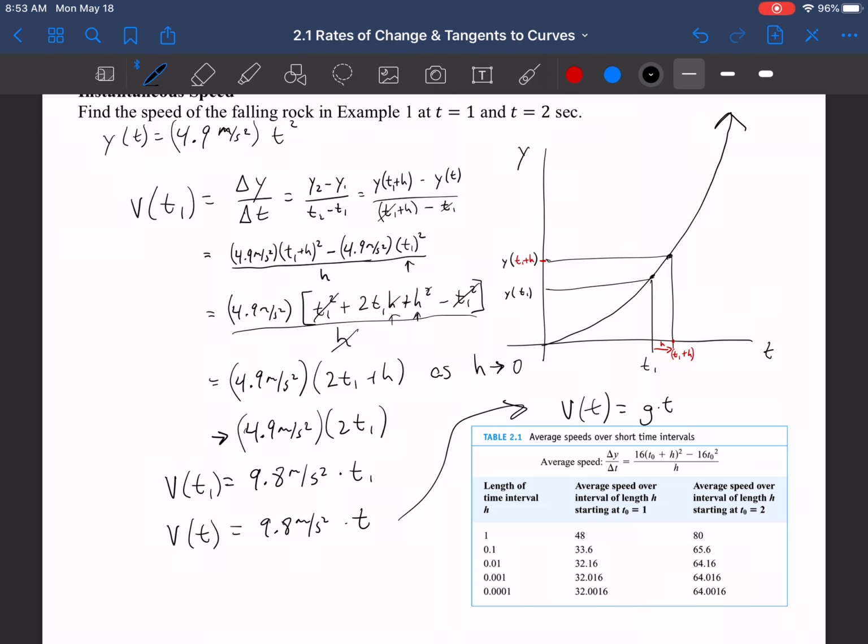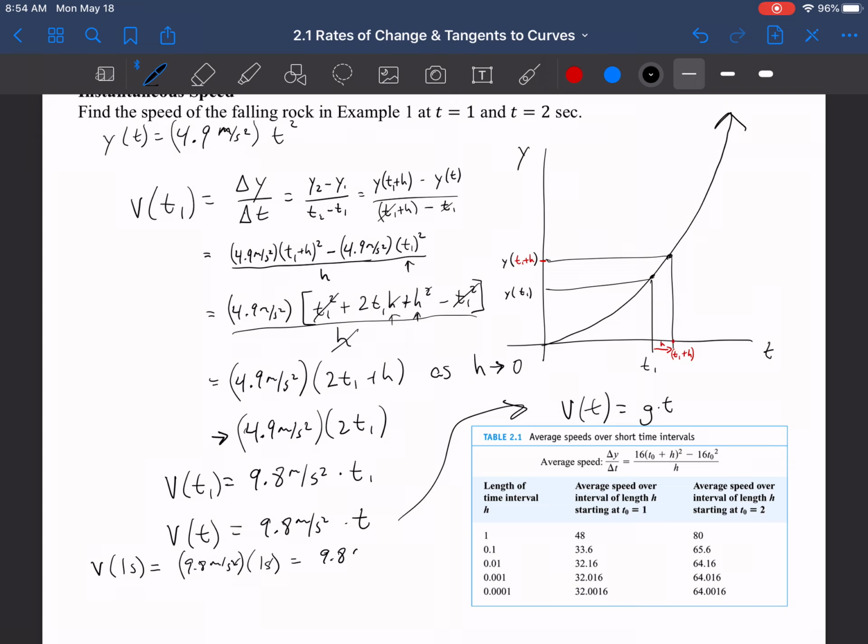And so we want the speed at 1 second and at 2 seconds, so we just have to use this equation and plug in those times. So v of 1 second is going to be 9.8 meters per second squared times 1 second. And so that second cancels with one of the seconds in the denominator, leaving us with meters per second.